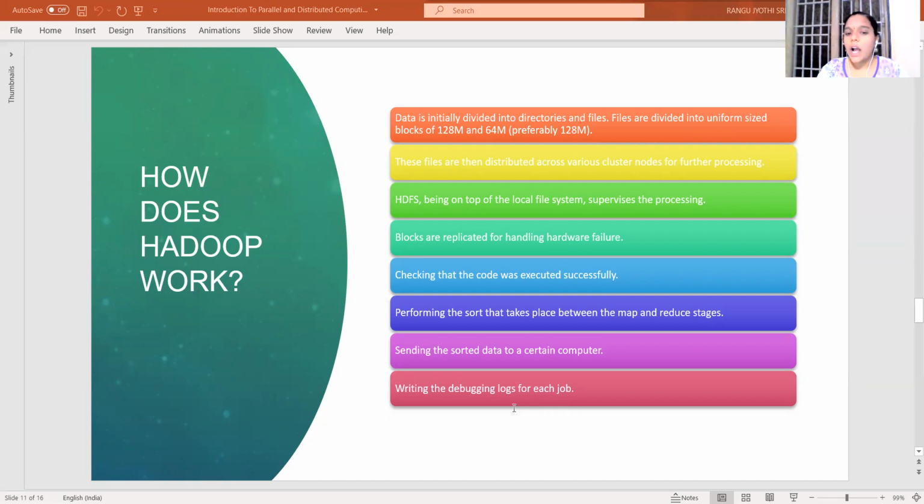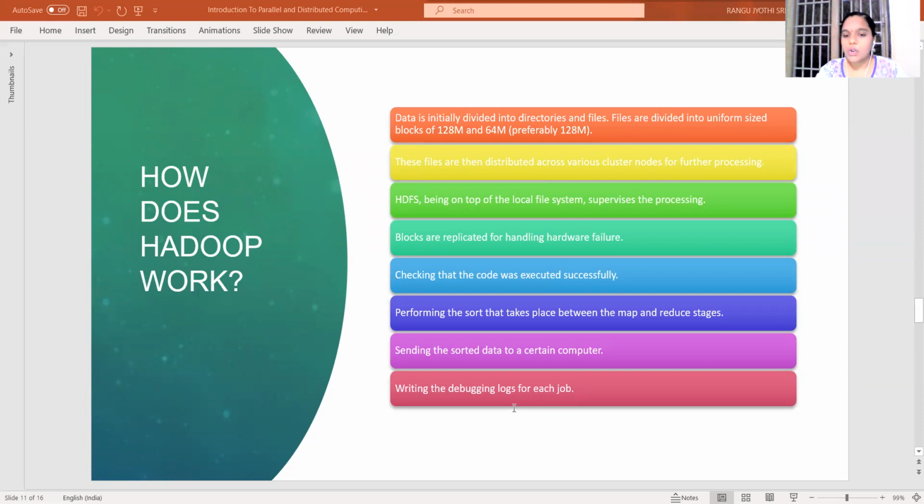And finally, the Hadoop Distributed File System, that means HDFS, being on top of the local file system, supervises all the processes. After that, the blocks are replicated for handling failures, and finally these blocks execute the job successfully. After executing, they perform the sort that takes place between the map and reduce stages.